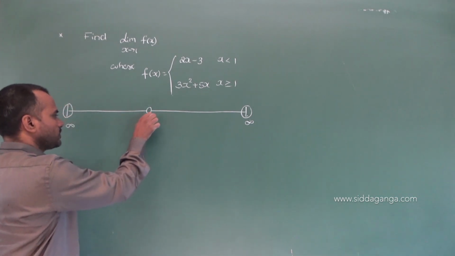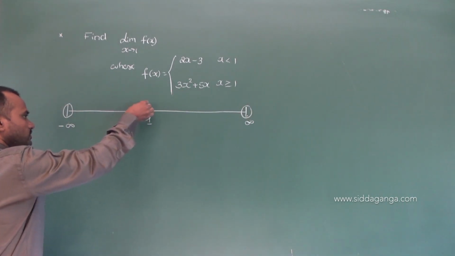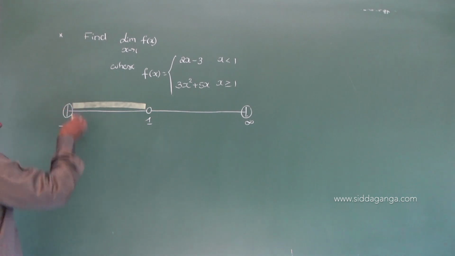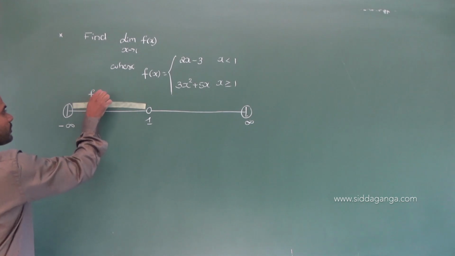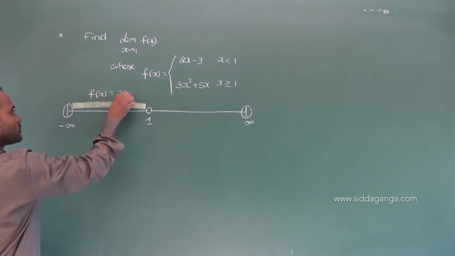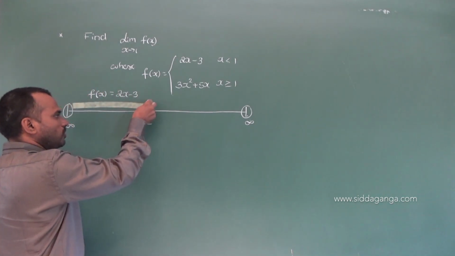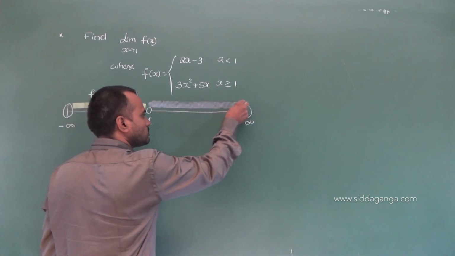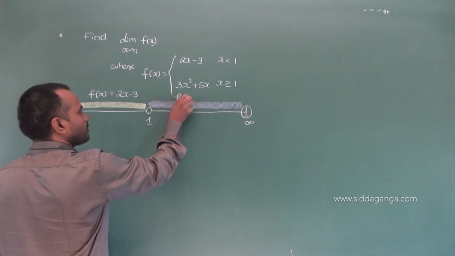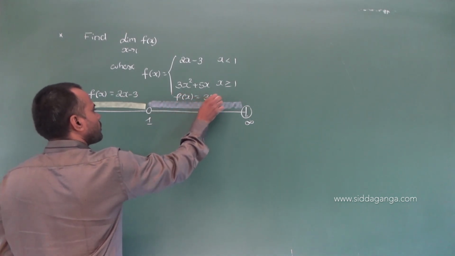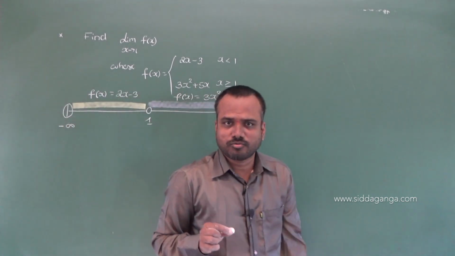The point is 1. For x less than 1, f of x is 2x minus 3, and for x greater than or equal to 1, including 1 also, f of x is 3x square plus 5x.